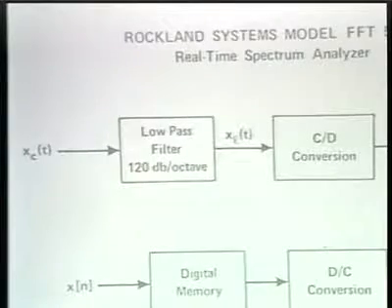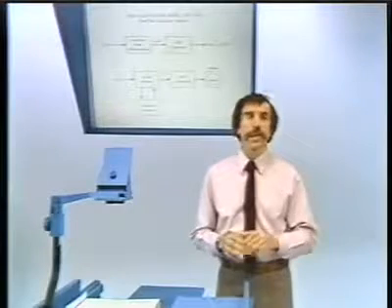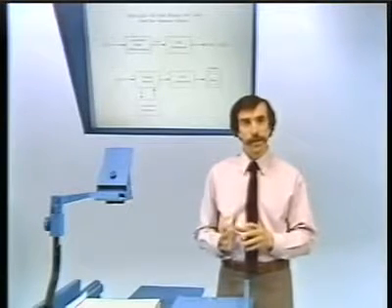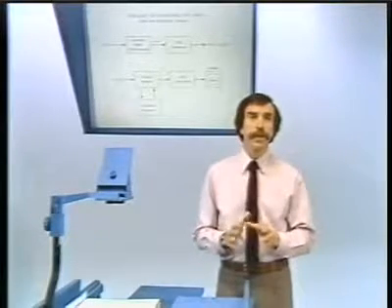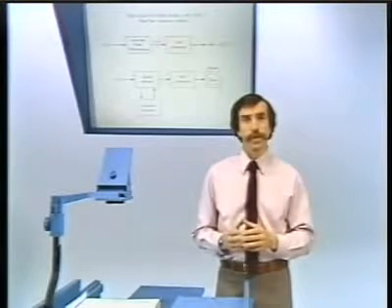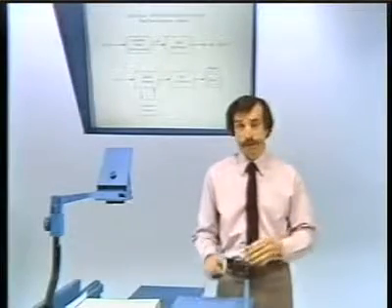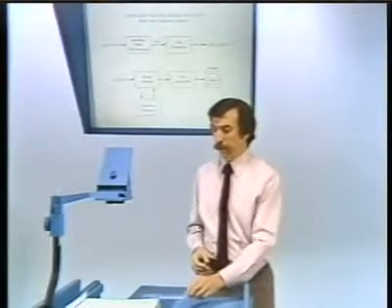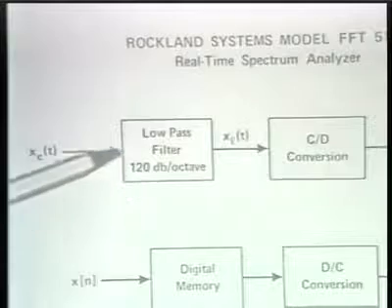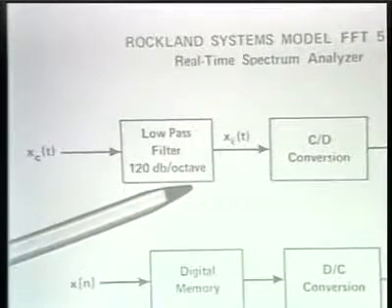Although we haven't talked yet about sampling and the associated artifacts, as we'll see in the upcoming lectures, in order to sample a waveform and convert it into digital form, it requires that the waveform first be low-pass filtered. So this low-pass filter is referred to, and will be in later lectures, as an anti-aliasing filter.